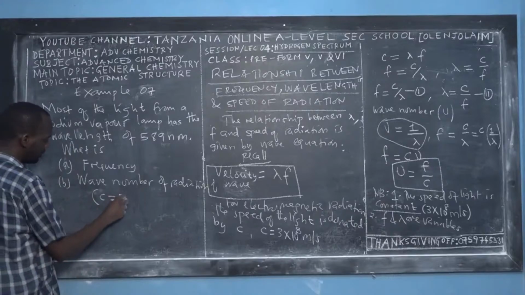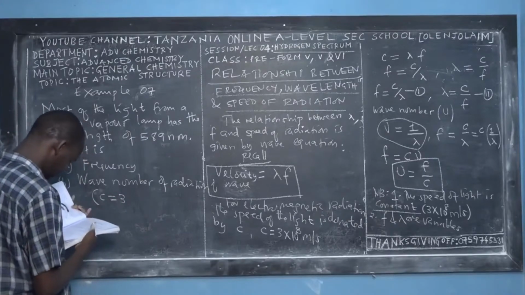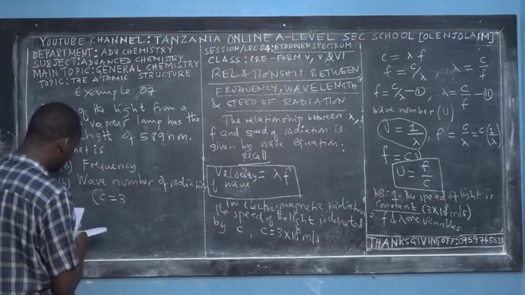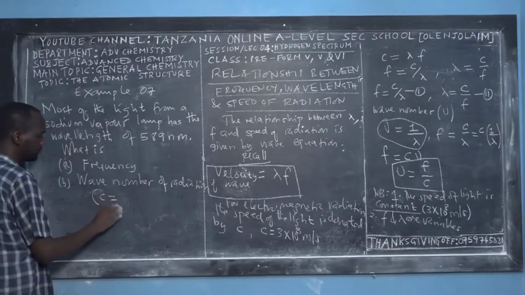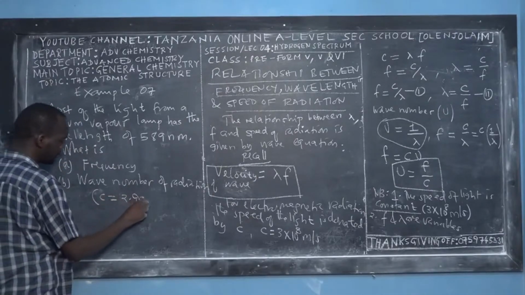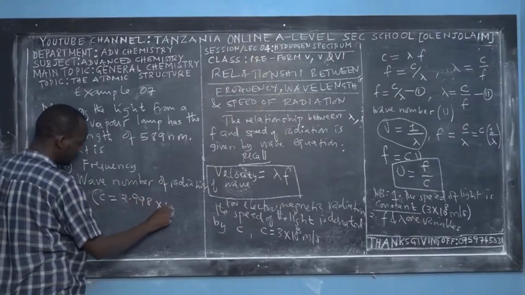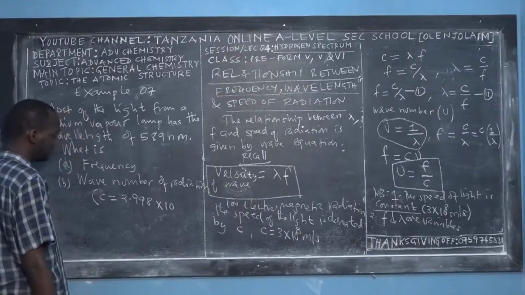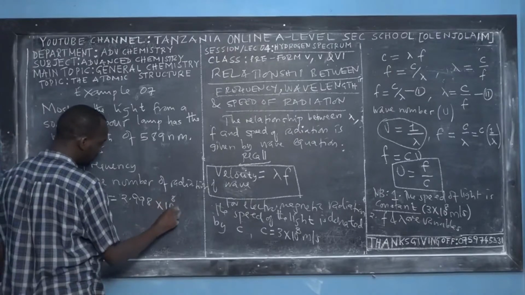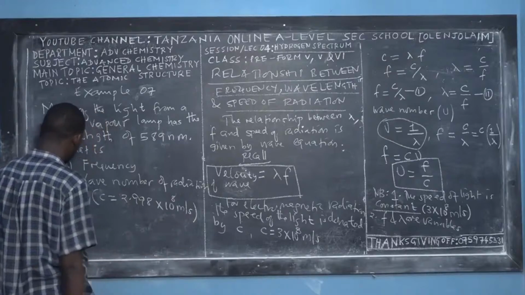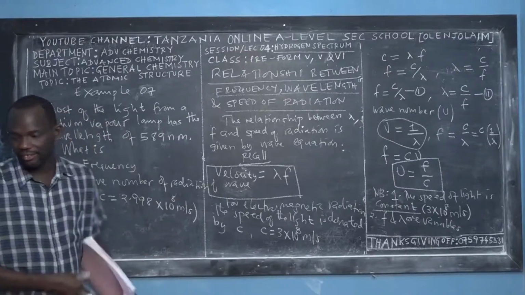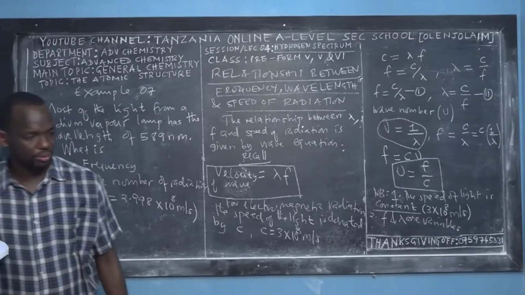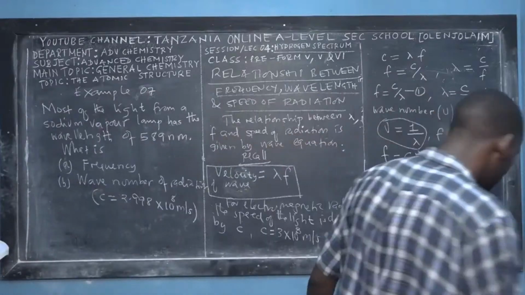Given that the speed of light is 2.998 times 10 to the 8 meters per second, so then you have that fantastically simple question.